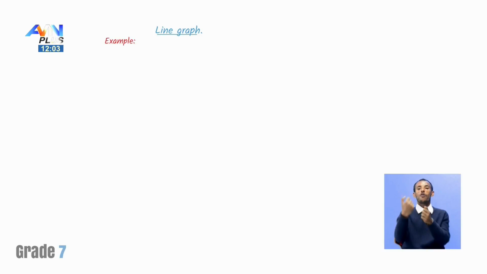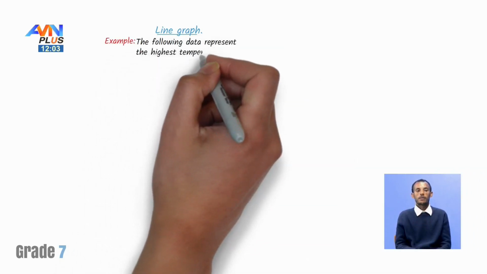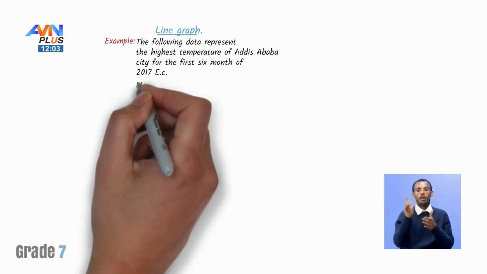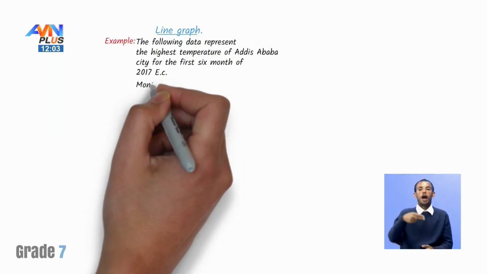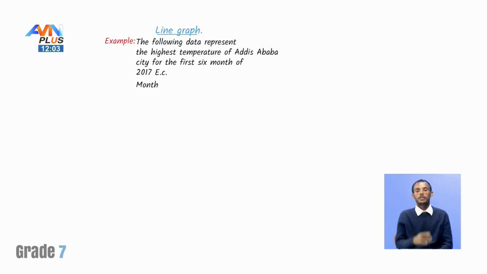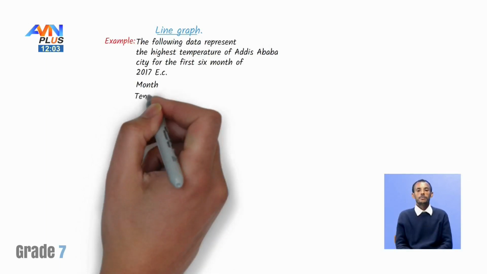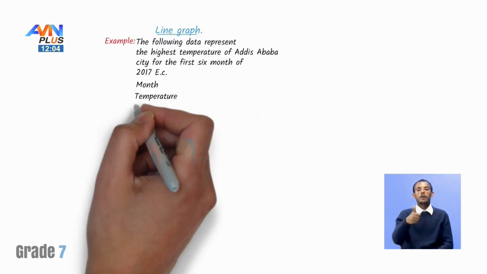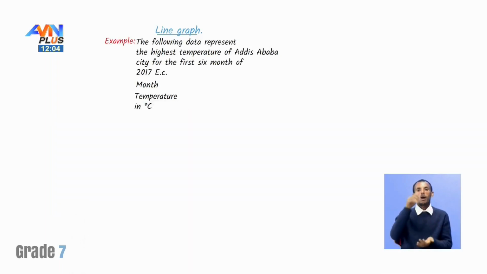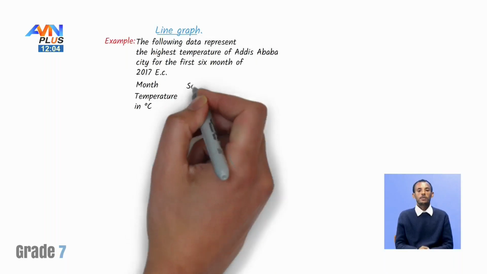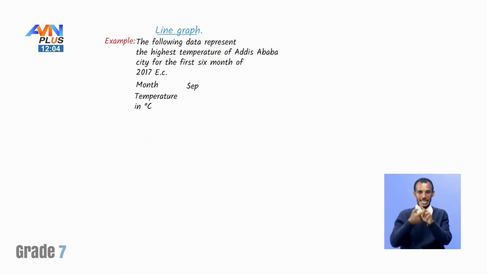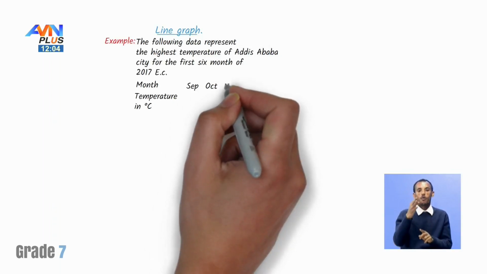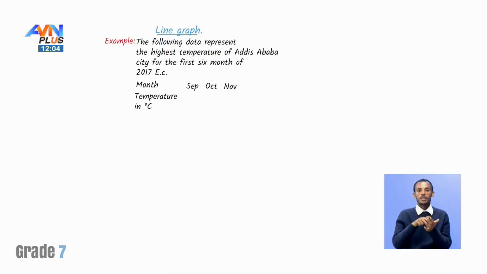The following data represents the highest temperature of Addis Ababa city for the first 6 months of 2017 Ethiopian calendar.